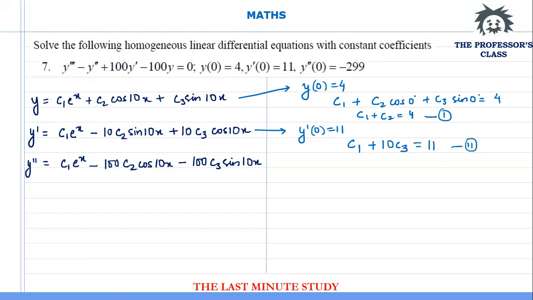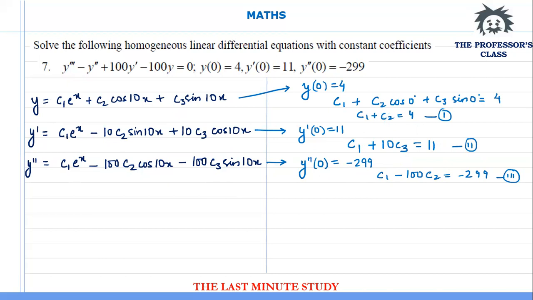That is my second equation. For the third equation, I'll be using the second derivative of y at 0, which is minus 299. If I substitute x equals 0, this term will become 0, so I'll be left with C1 minus 100 C2 equal to minus 299. This is my third equation.